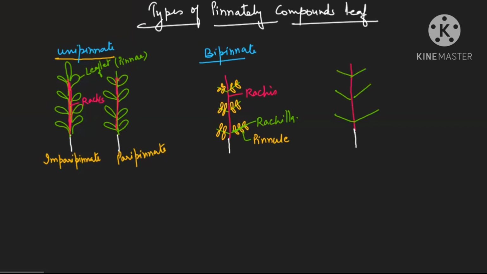Now again further incision, and again leaflets form. Third time, so we will say this is tripinnate. I hope you are able to understand my diagram. It is again becoming small pieces. We say it is tripinnate.